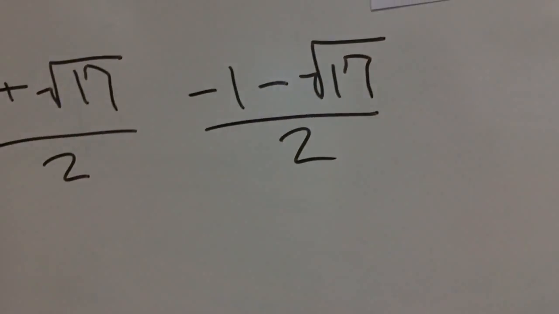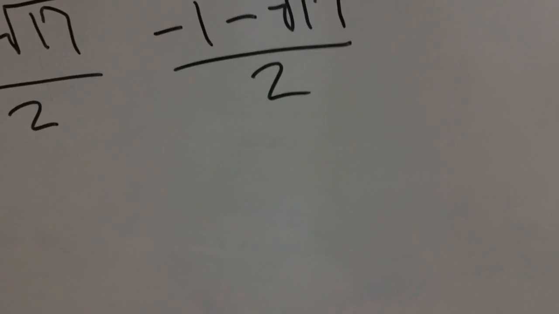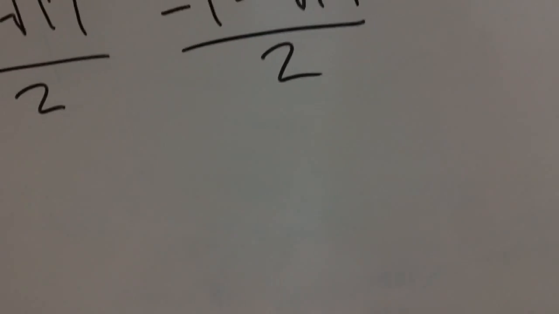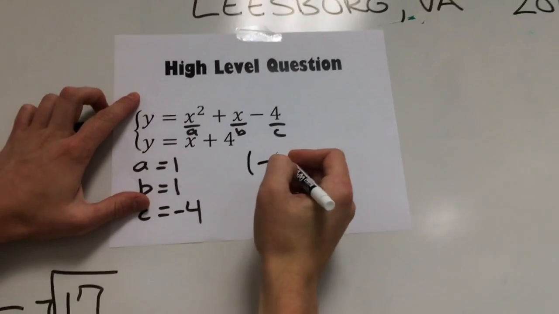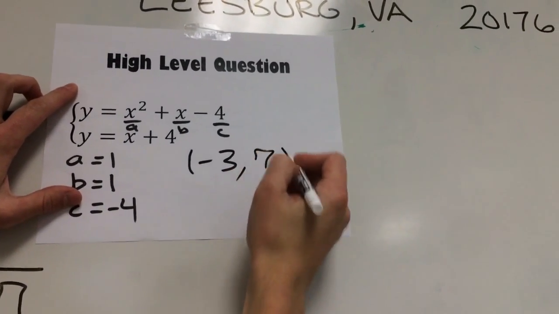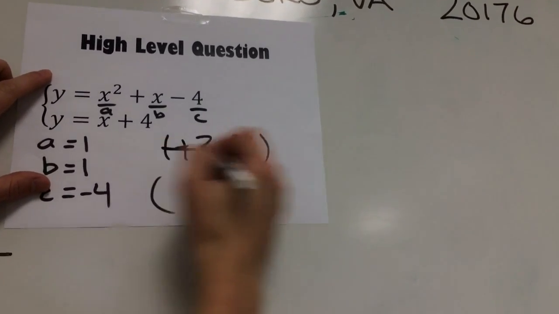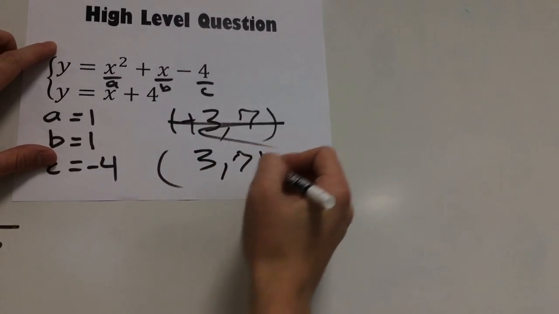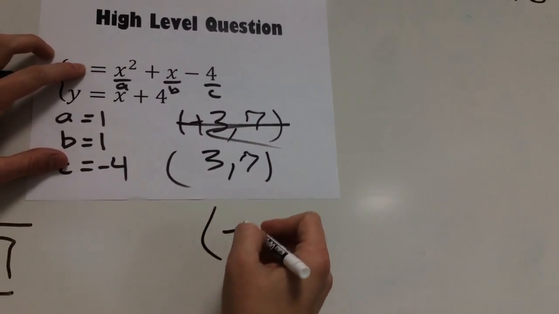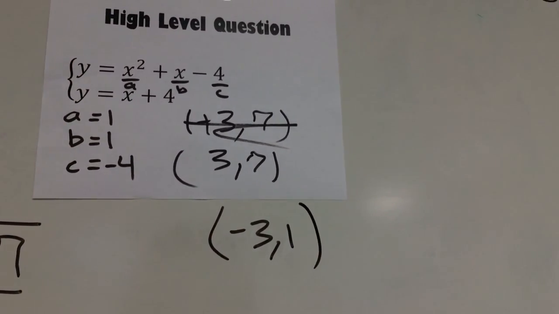And the solutions to this one are 3, 7, and negative 3, 1. And you have two solutions to that.